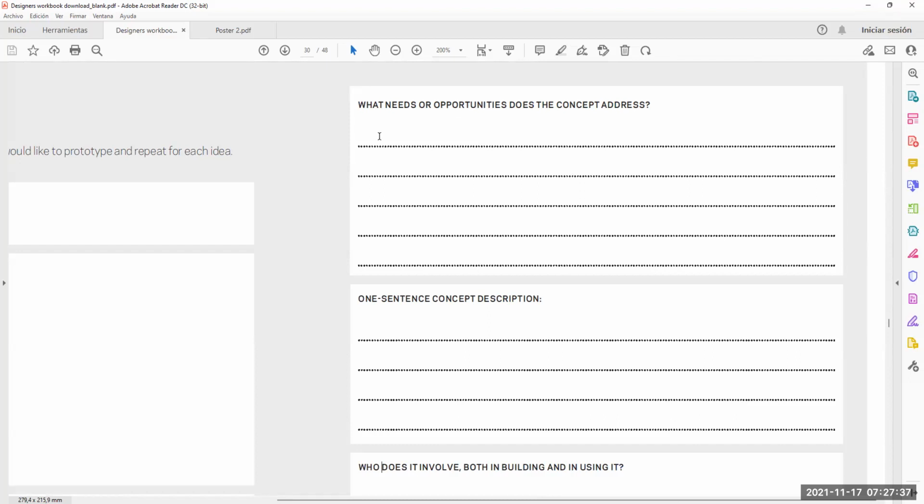So basically here, we are going to be talking about the needs of those people you want to help, or the opportunities that you have identified, and how your idea is going to address that. You need to see something, guys, which is very important when we are using this methodology. When we are using this methodology, we don't see the problems just as problems. We see the problems as needs, and those needs create opportunity, and that's why we include those two names.